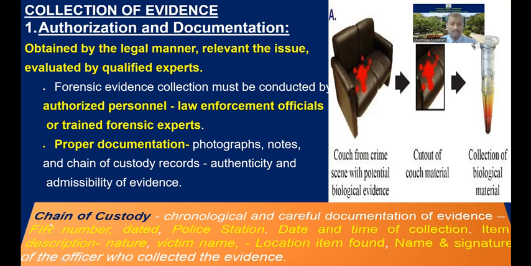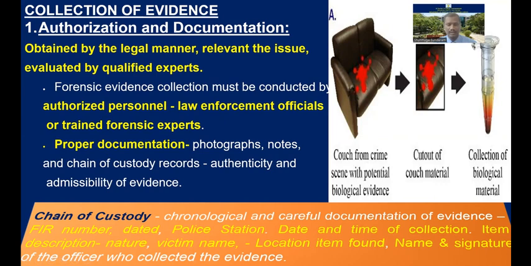Based on that, one of the most important things is the chain of custody of physical evidence. It is the chronological order of the collection of evidence from the crime scene, from the police officer or the forensic expert who collected the evidence, until it is produced before the court. The chain must be properly maintained.